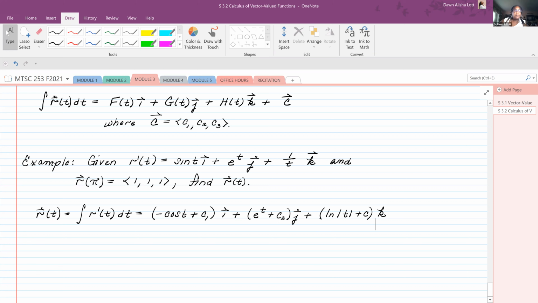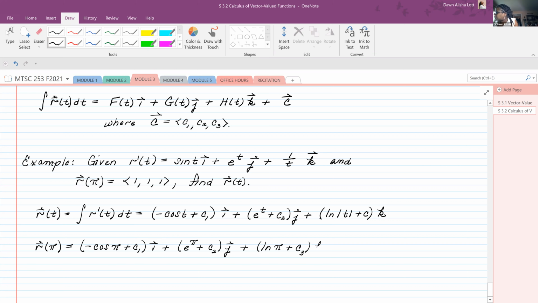All right. So r of pi is equal to negative cosine of pi plus C1 i plus e to the pi plus C2 j plus the natural log of pi plus C3 k.